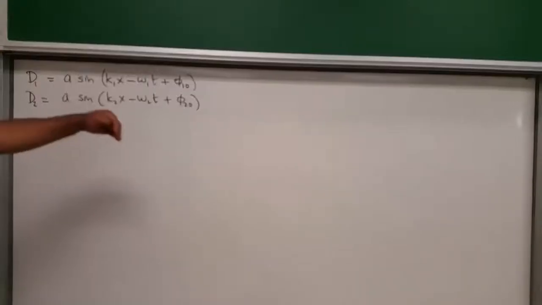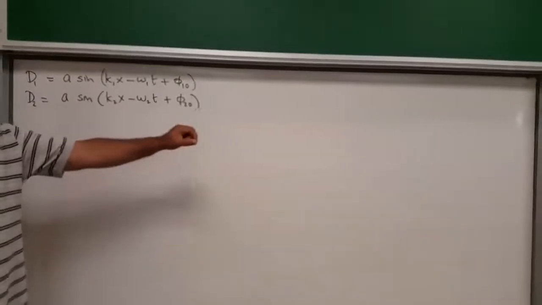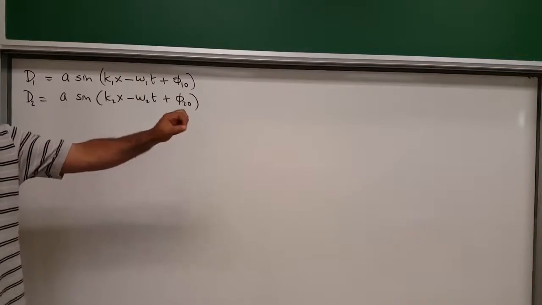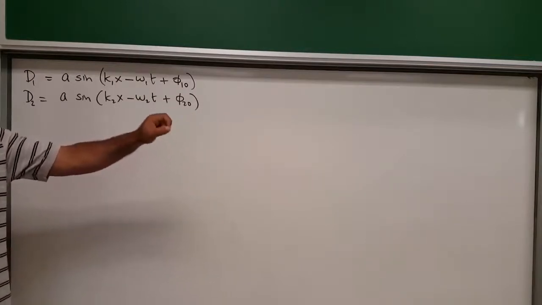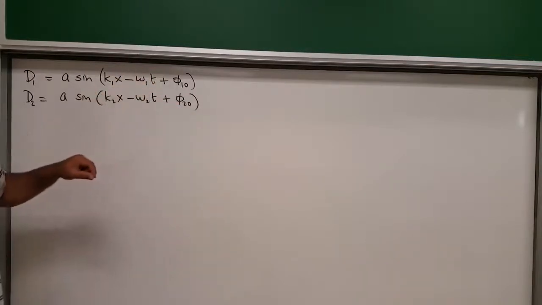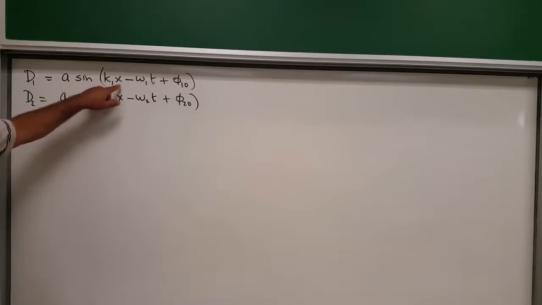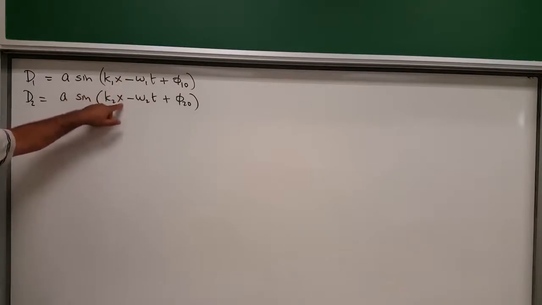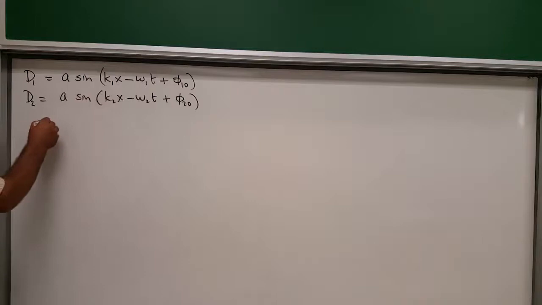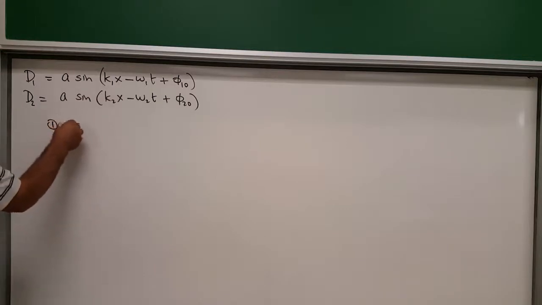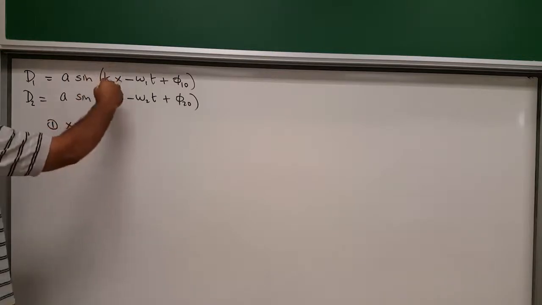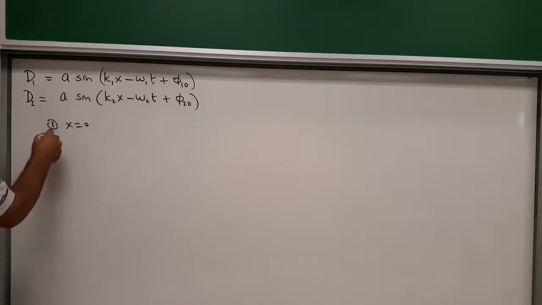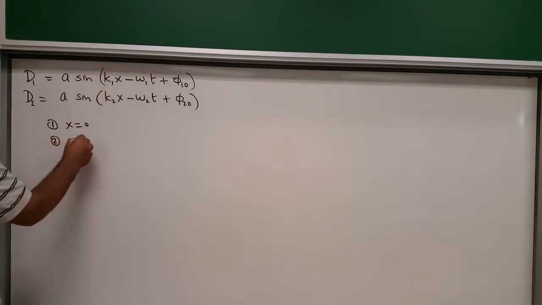Now the person will be standing somewhere, so we want to study the wave somewhere in space. We will choose that point to be the origin. We're not going to move around, so we might as well call that particular point the origin. We make the following assumptions to simplify. Number 1, x is equal to 0, so this part goes away. Number 2, omega 1 is close to omega 2, but not equal.